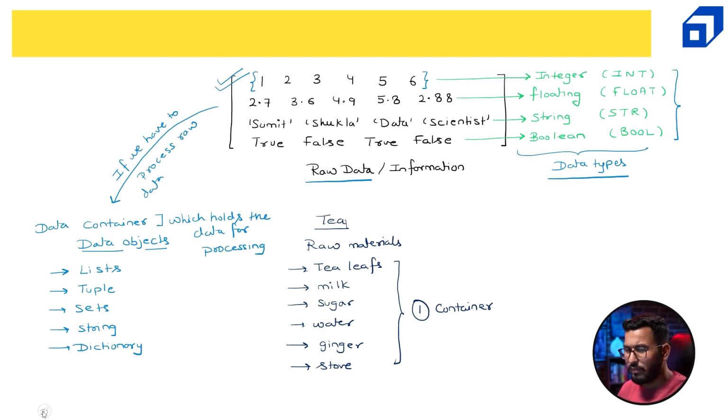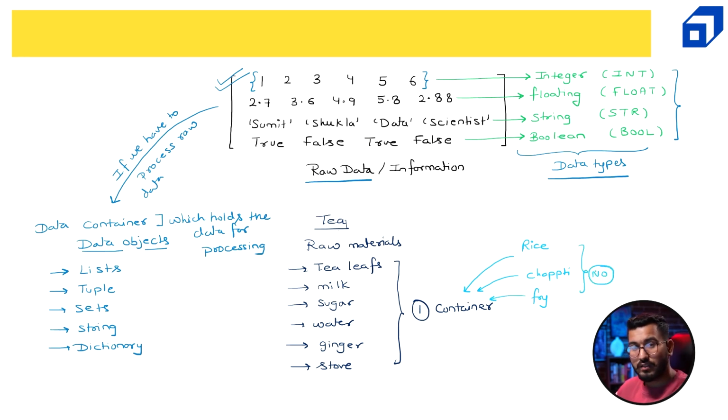Now let's take a very general example. Let's say if I have to cook rice, will I be using the same tea container? If I have to prepare chapati, will I be using the same tea container? If I have to fry something, will I be using the same tea container? The answer is no, we will not be using it.